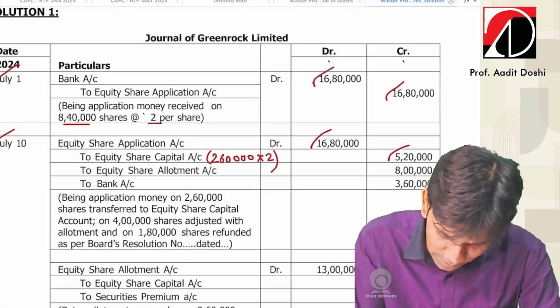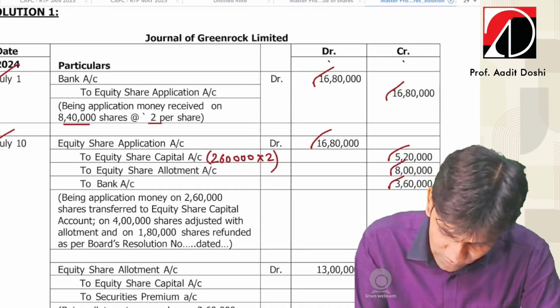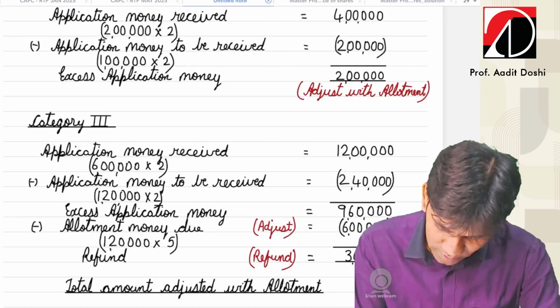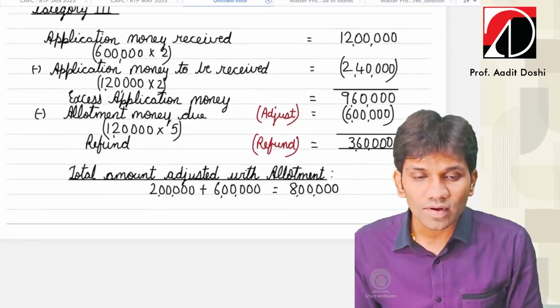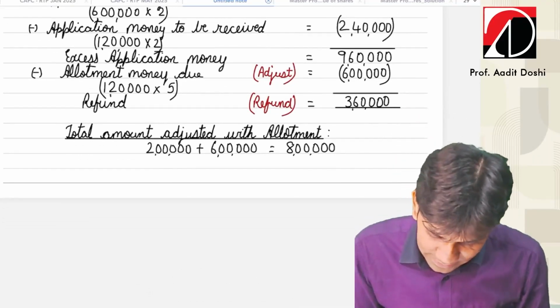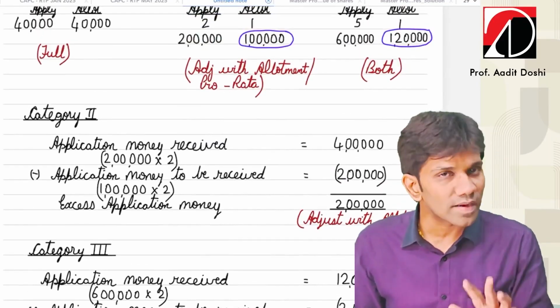You can see here 8 lakhs. And the balance was refunded. We have the refund amount also with the working note. And this was the amount refunded, 3,60,000.